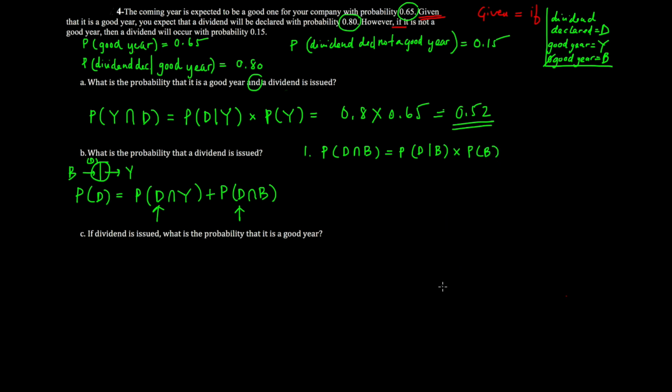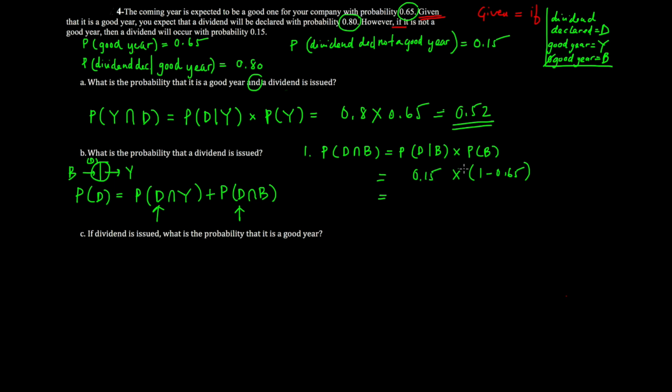Now, how do we get the probability of a bad year? It's quite simple. We know that the probability of a good year is 0.65. So what's the complement of a good year? It's a bad year, right? So the probability of a bad year is going to be 1 minus 0.65, which is the probability of a good year. And we're going to multiply this by what we have up here, which is 0.15.